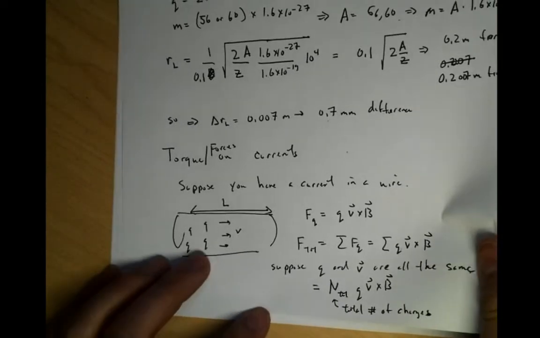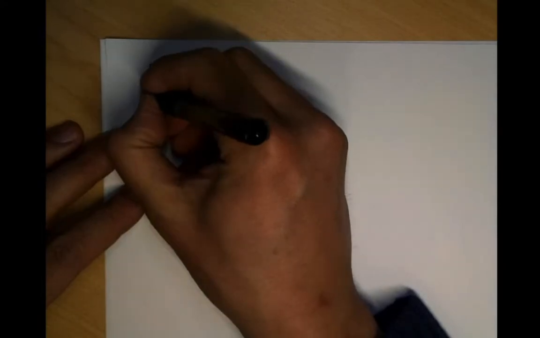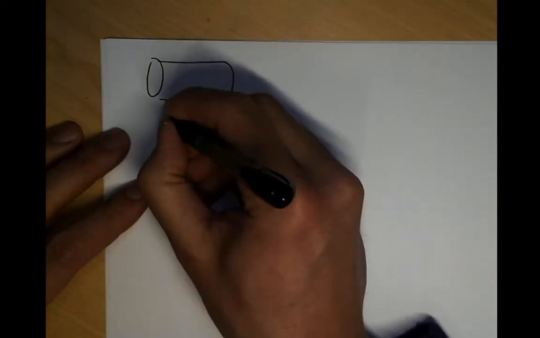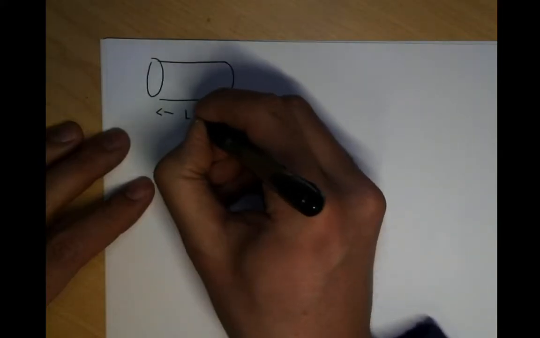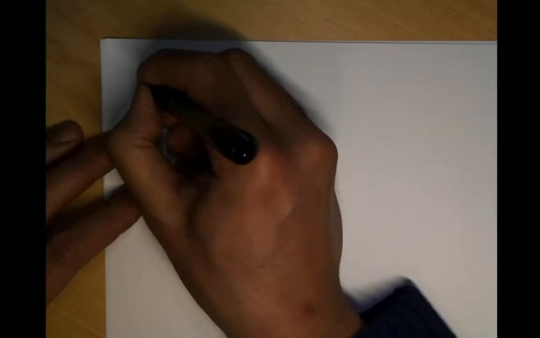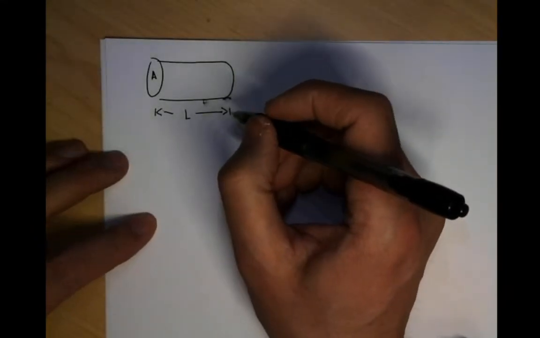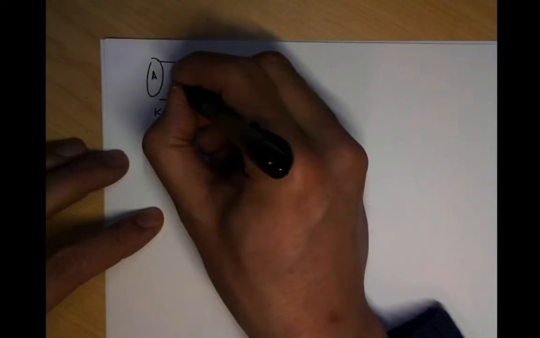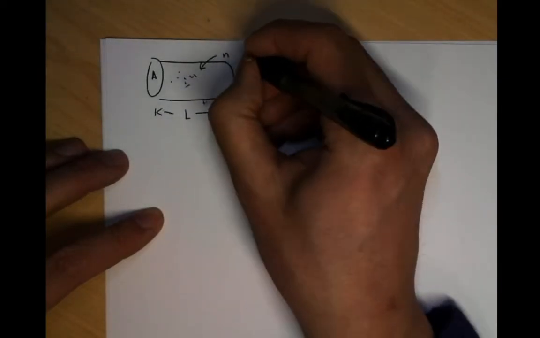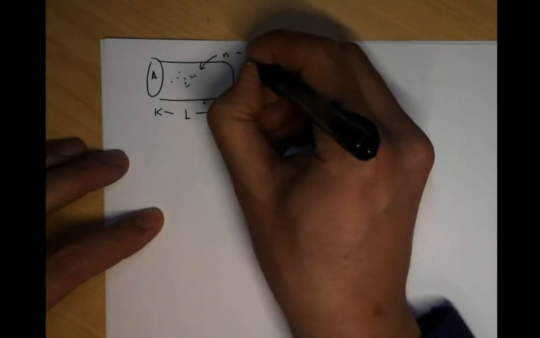What is a way we could write the total number of charges? Well, let's redraw that wire again. There's a certain length, L here. There's a certain area, A, on the cross-section of the wire. And there's a certain density of charges, so n is the number density of charges.